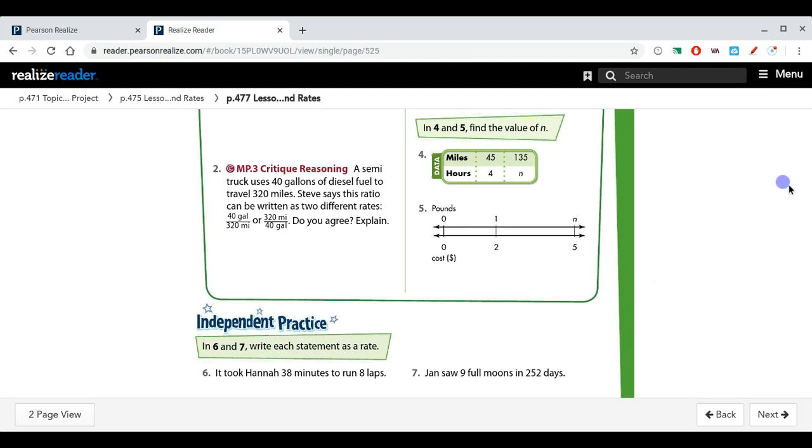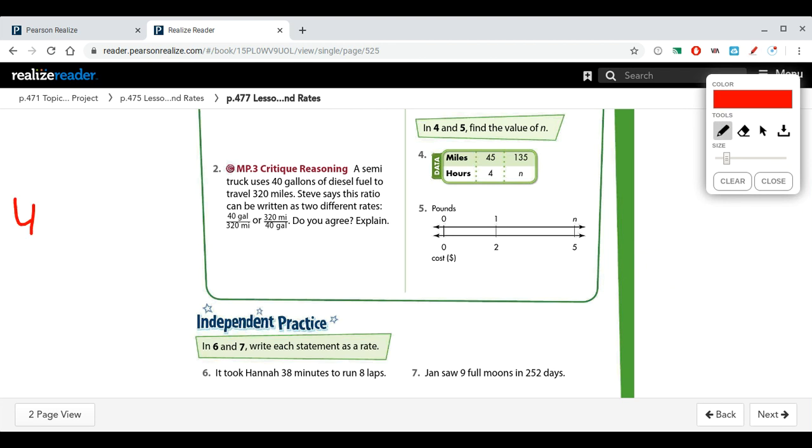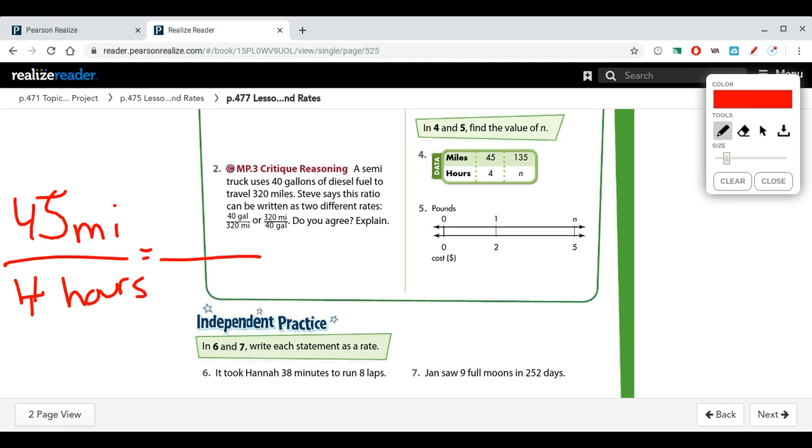Actually, I'm going to write this on the other side so I have more room to write. So it's 45 miles for every 4 hours. And I want to know if I have 135 miles, how many hours is that going to be? And so to find that, I'm going to do 135 and I'm going to divide that by 45.